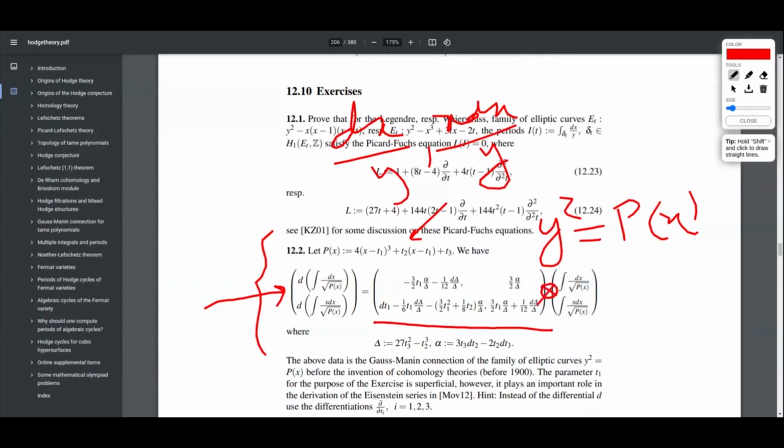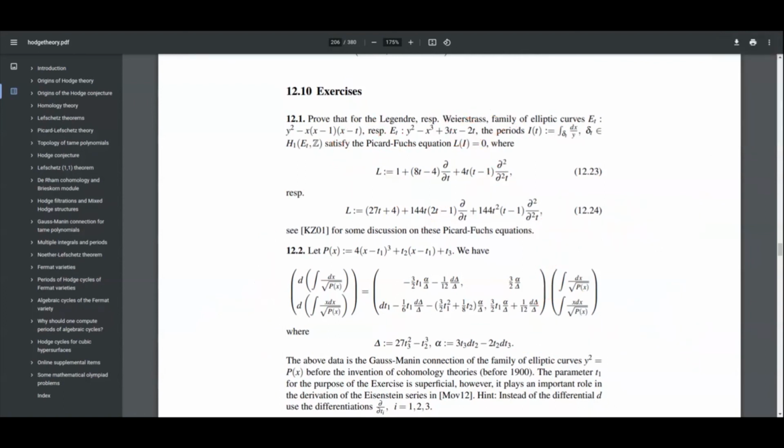There is a tensor here, and here we have a differential 1-form in Ω¹_T, and then the integrals. If I want to write this down without the integral, we could just remove the integral sign, put p(x) as y, put the tensor sign, and that is the Gauss-Manin connection in the sense of Gauss. I hope you enjoyed this video.